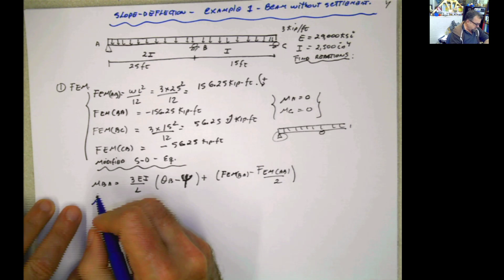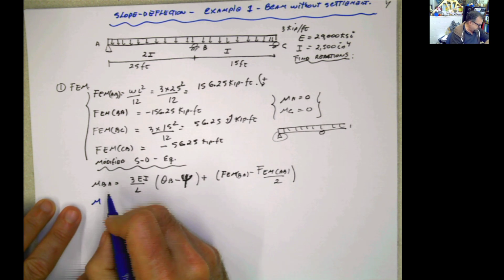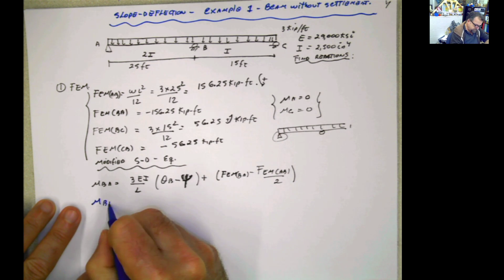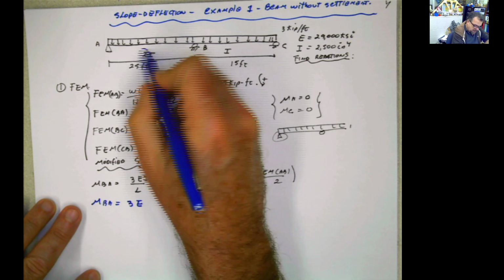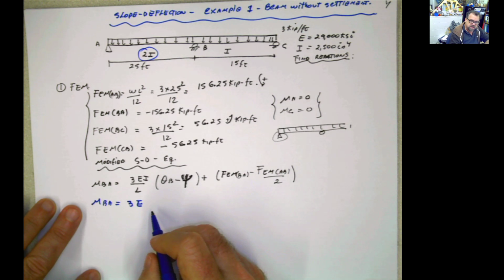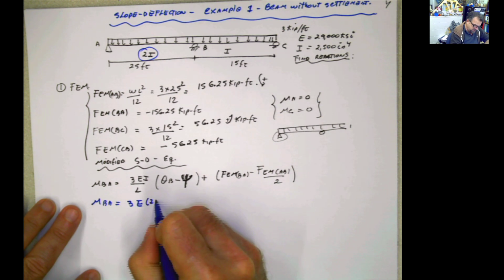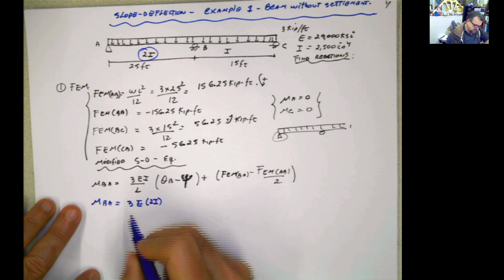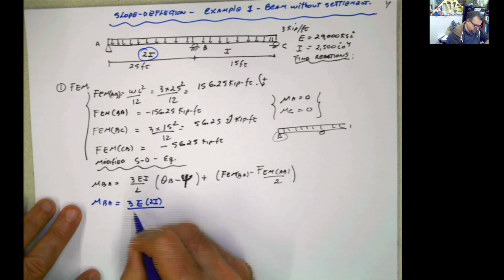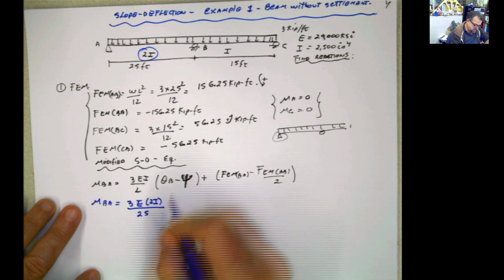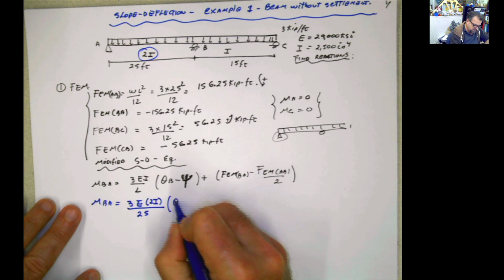Moment BA is going to be 3 times E times I. But I for this one is 2I, this is the value for this inertia in this part, divided by L. L is 25, multiplied by the rotation at B.